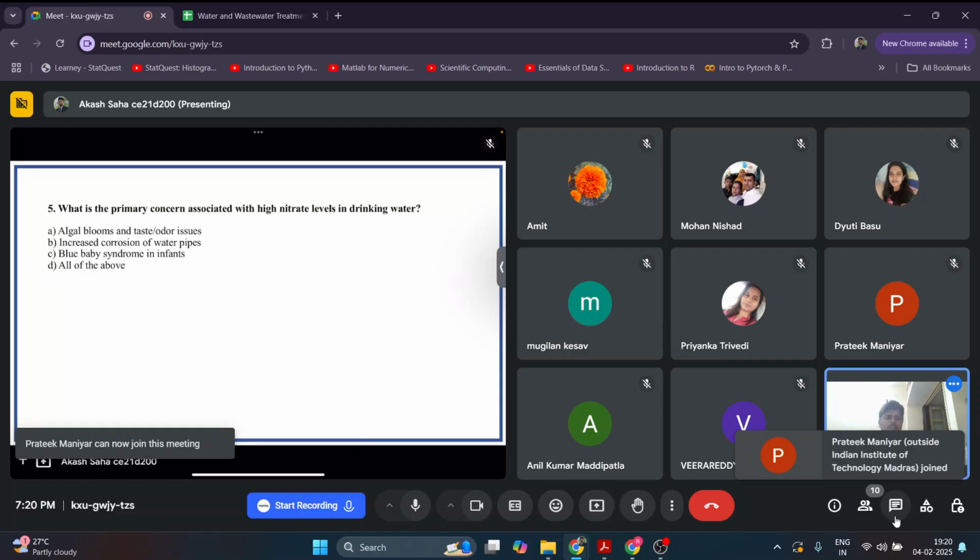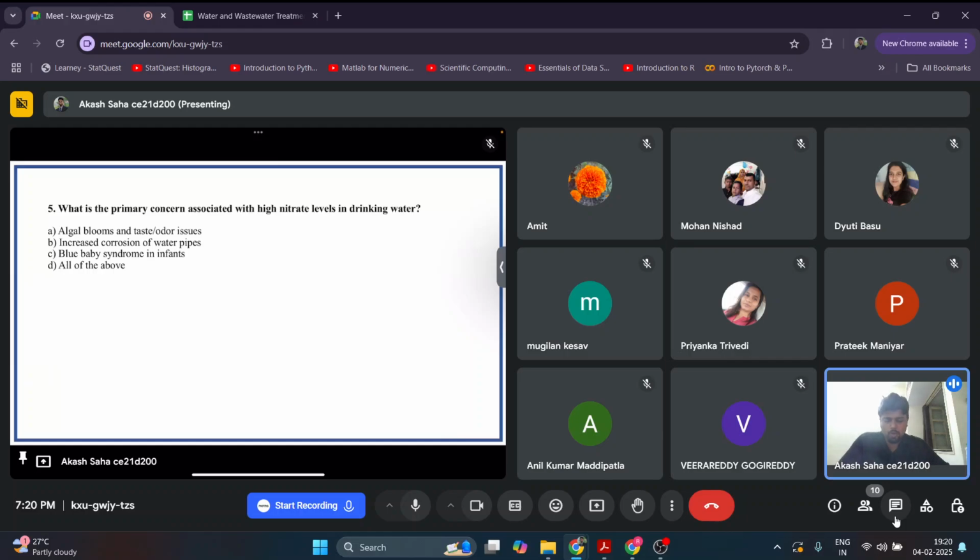If you are thinking only in terms of nutrients, yeah, algal bloom is a possibility. But due to a high amount of nitrate only, what will happen?